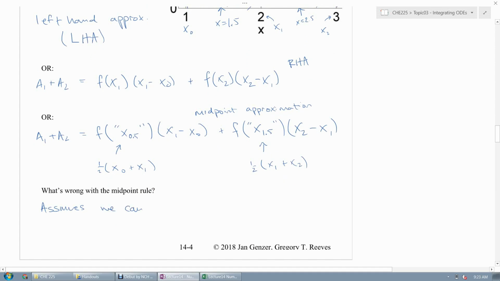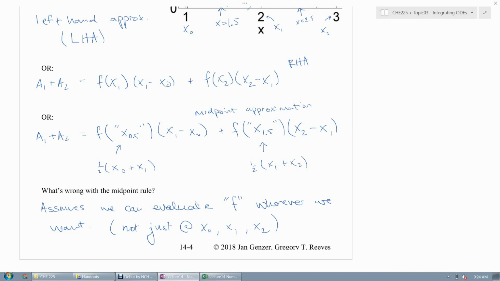And that is, it assumes we can evaluate f wherever we want, not just at x0, x1, x2. But that's not always the case.